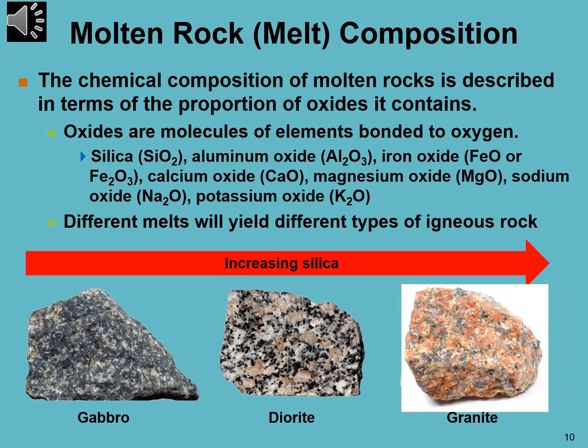Common oxides in magma or lava include silica, SiO2, aluminum oxide, Al2O3, iron oxide, FeO or Fe2O3, calcium oxide, CaO, magnesium oxide, MgO, sodium oxide, Na2O, potassium oxide, K2O. Different melts will yield different types of igneous rocks, depending on the silica content in the magma. Gabbros have about 45% silica content, and granite has up to 76% silica content.